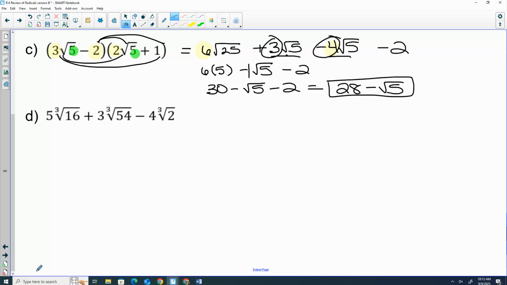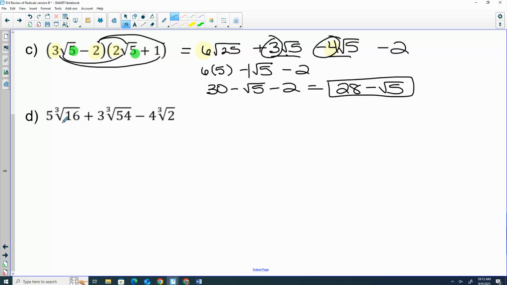Second question. So we can only add or subtract when we have like terms. With radicals, like terms mean the same thing under our radical. So up here, those radical 5s were like terms.